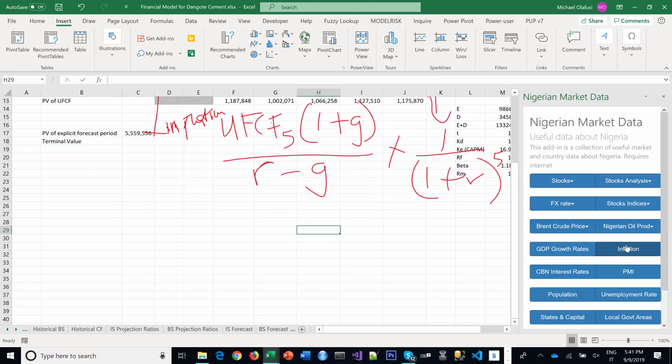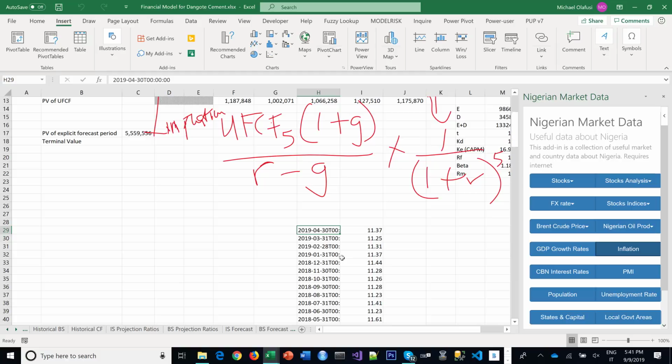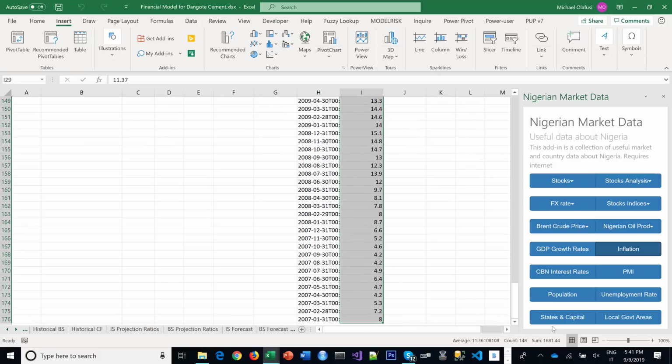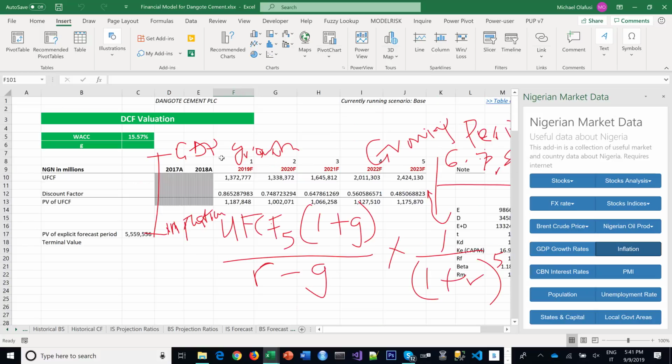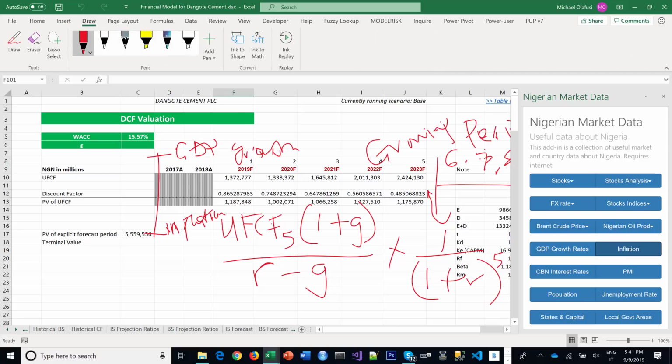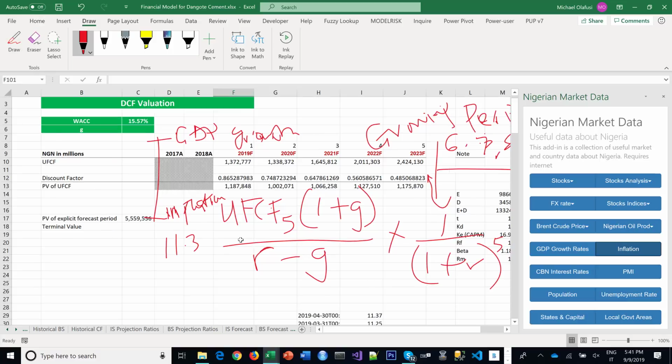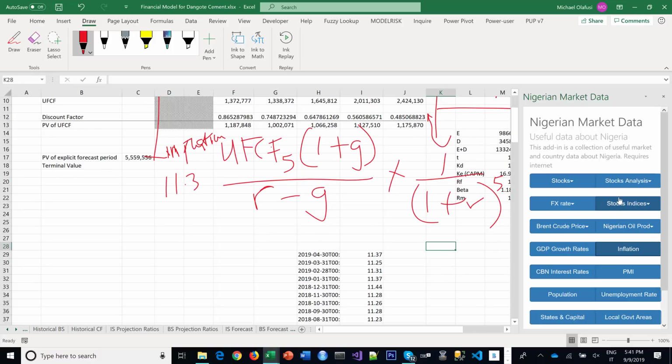If I click on inflation, it will get for me all the inflation, and if I pick it, you see our average inflation rate has been 11.36. That's kind of crazy high. Anyway, it is what it is. I can say 11.3. Then what about our GDP? Let's go and check that out. What's been our GDP growth rate?